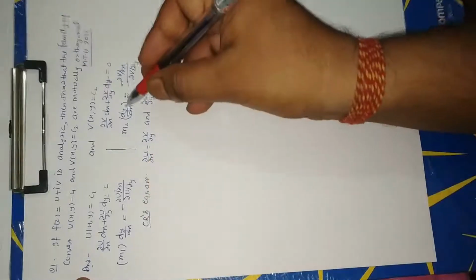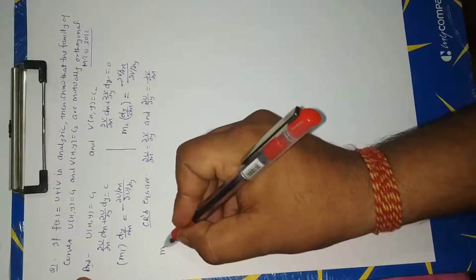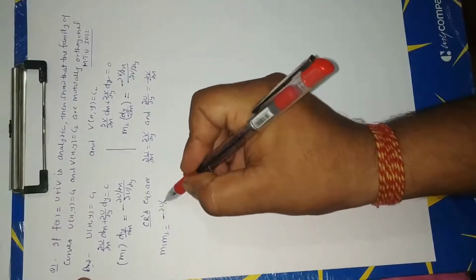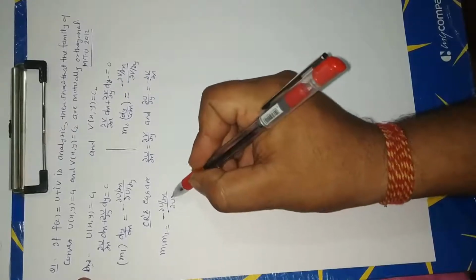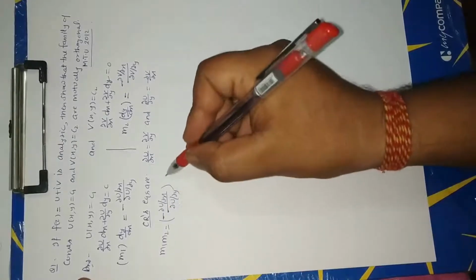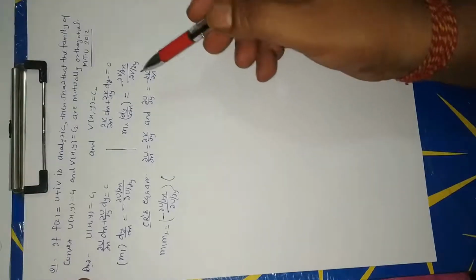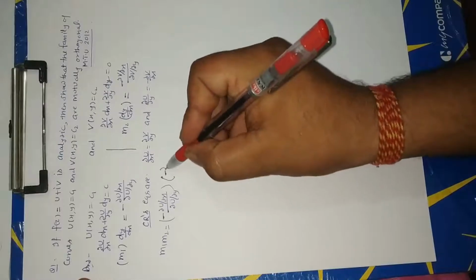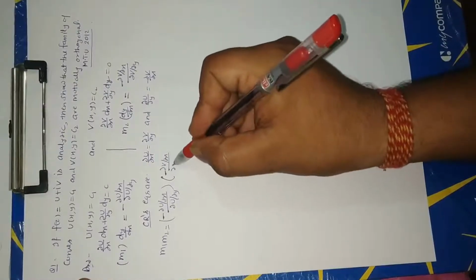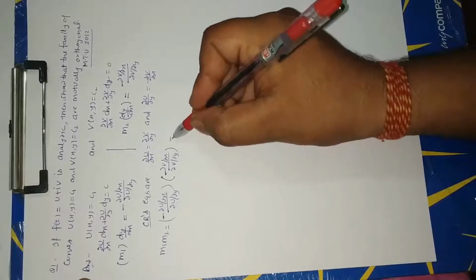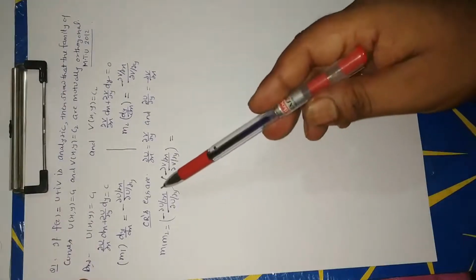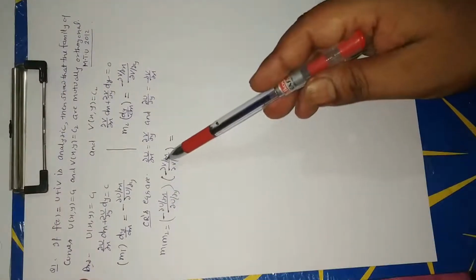Now multiplying m1 and m2, we get -(∂u/∂x)/(∂u/∂y) into, now putting the value of ∂v/∂x and ∂v/∂y, minus plus. There are two conditions: if you change u into v or v into u.